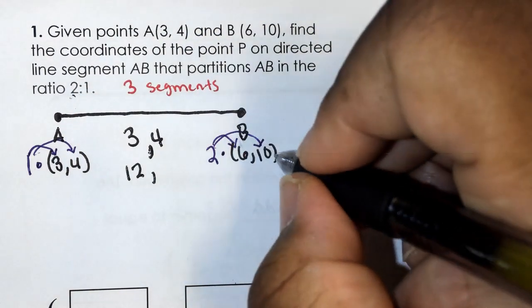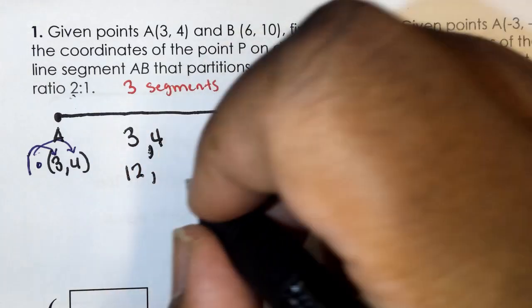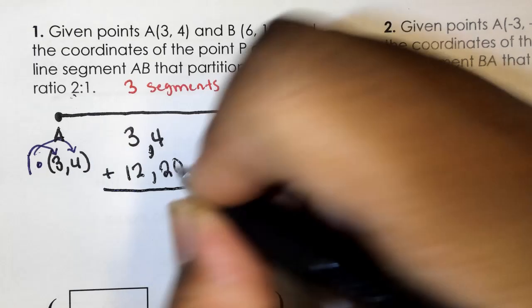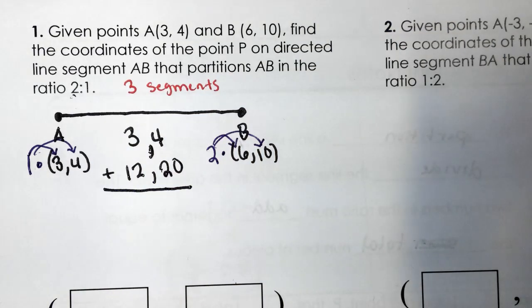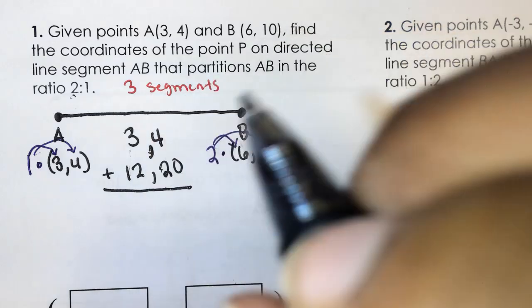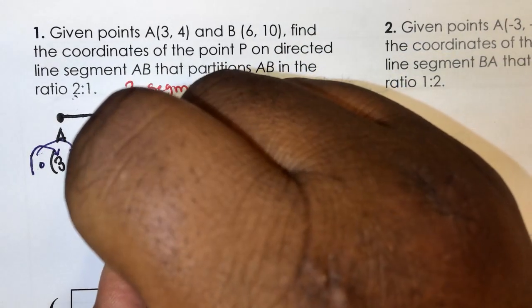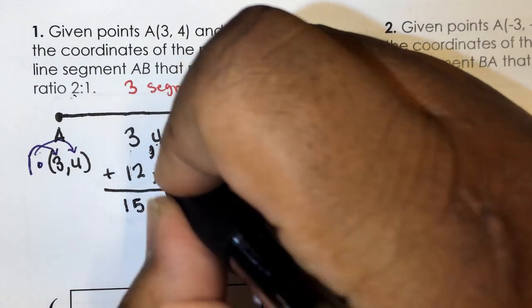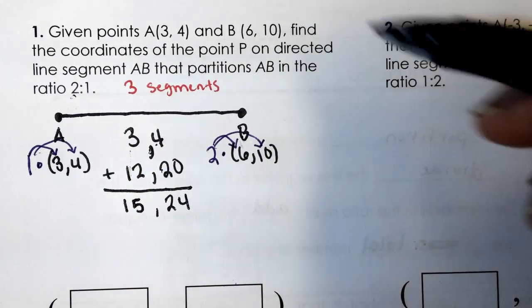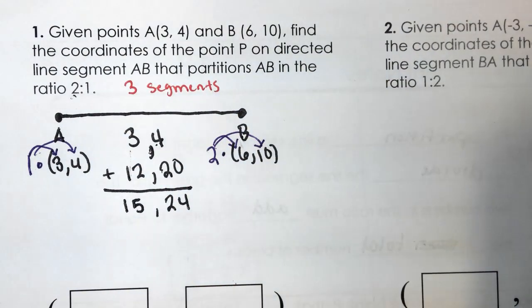And then 2 times 10, let me say that right, 20. Once we get the numbers correctly and we do the math, we add them together in the middle. 3 plus 12. Let me slow down. 15. 4 plus 20. 24. This is me adding the coordinates together after I apply weight to each side.